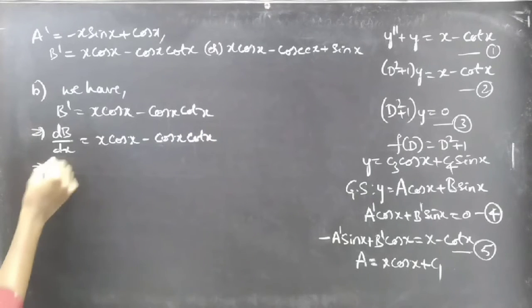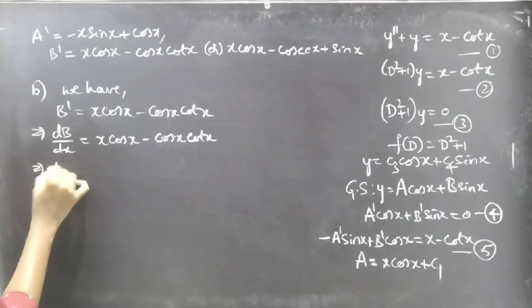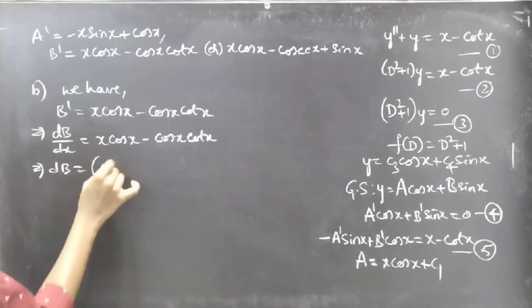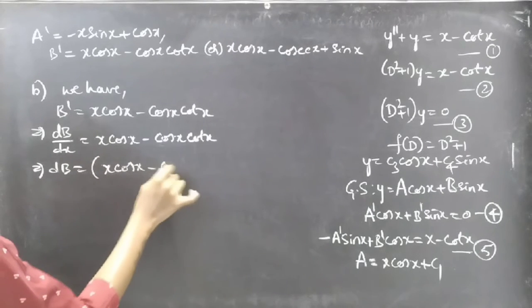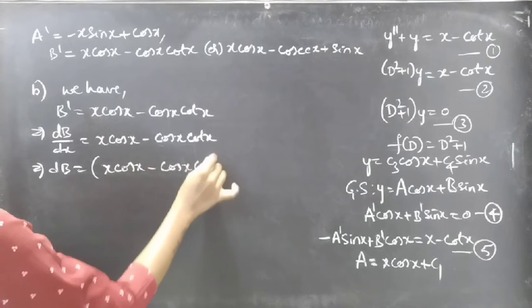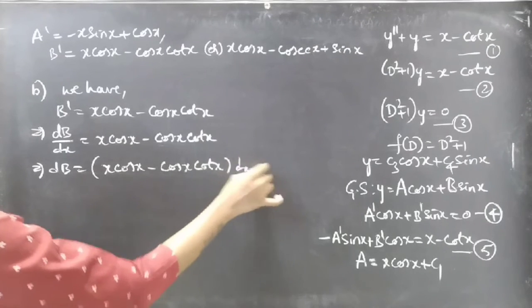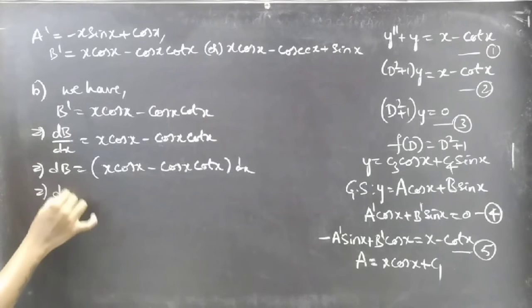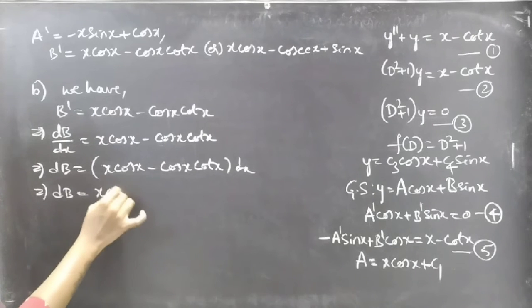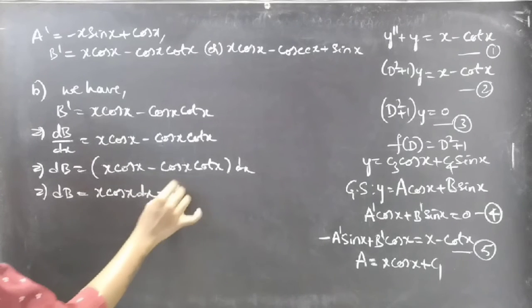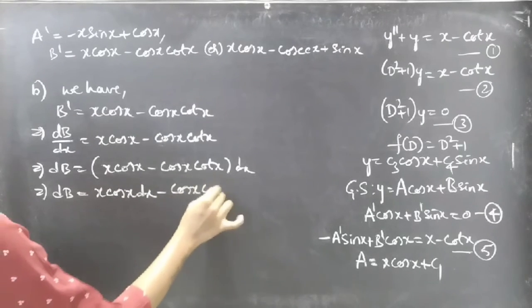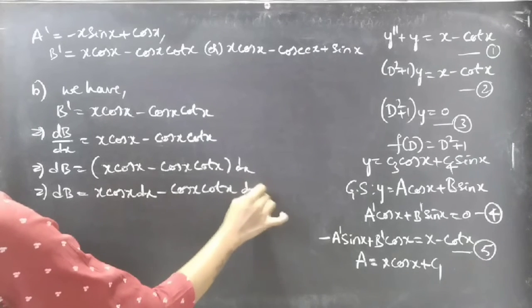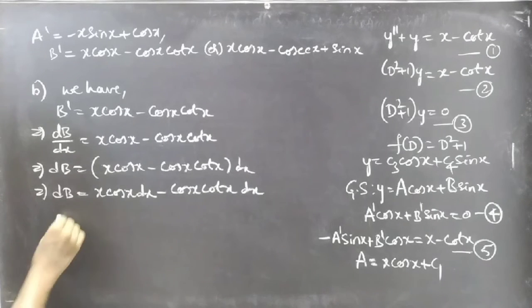Now let's separate the variables by taking the differential dx to the RHS. We'll get dB equal to x cos x minus cos x cot x into dx, or dB equal to x cos x dx minus cos x cot x dx. Here the variables are separable.